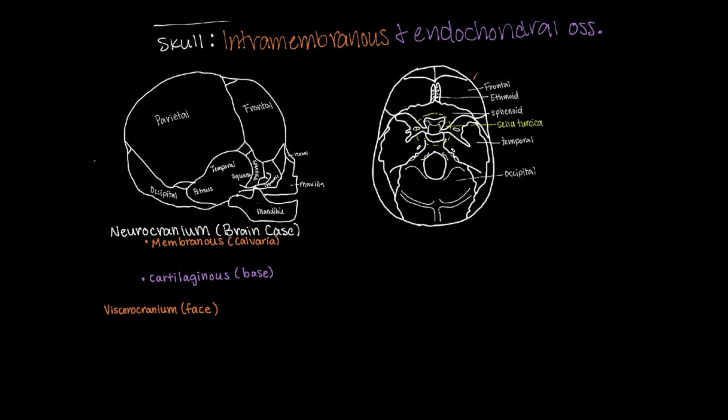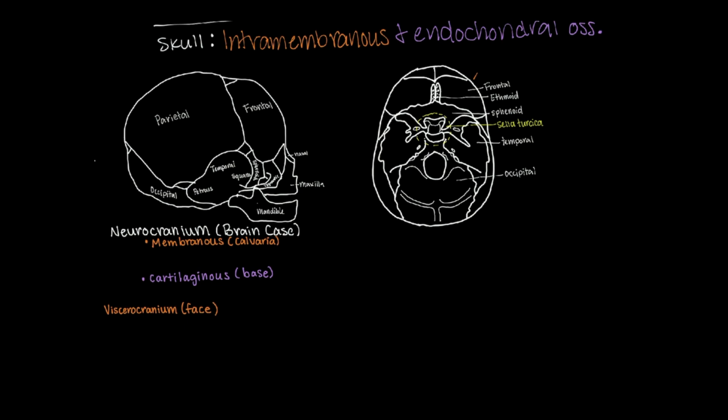So the neurocranium, the reason why it's split up into two different parts is they actually develop differently. The membranous part will develop via intramembranous ossification, so mesenchymal cells directly to bone, and the cartilaginous part, the base of the skull, will go from mesenchyme to chondrocytes, and then the osteoblasts will migrate in to form the final bony product.